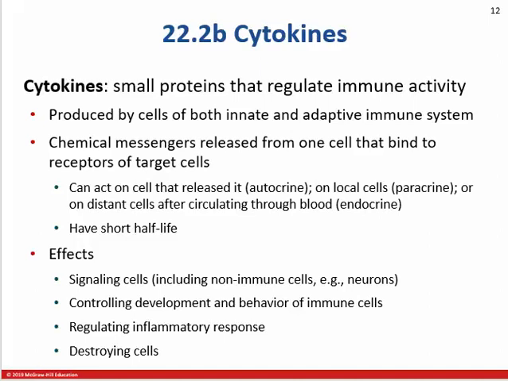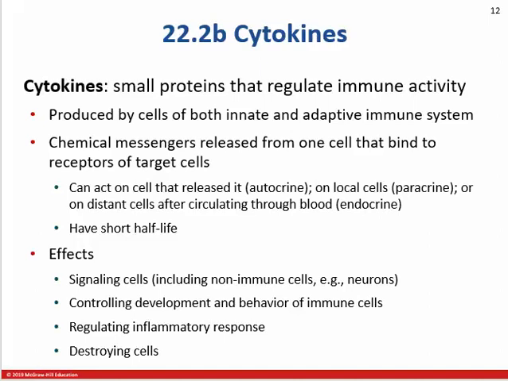They don't last for very long because if they did, then they would constantly be stimulating a reaction. So they are released, they bind to the receptor, they cause the effect, then they're removed. And what do they do? They control reproduction of these cells. A cytokine will cause the production of more macrophages, for instance.